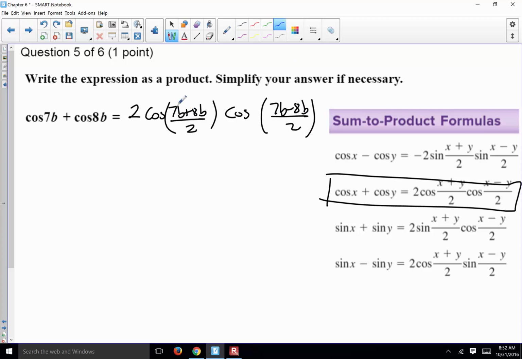Well, this is going to make 15b. This is going to make minus b. There is nothing you can do about the first one. 15 is not divisible by 2. But the second one, I will make it only positive b over 2, because a minus in cosine doesn't mean anything. Cosine is an even function, the minus just disappears. So this is it.